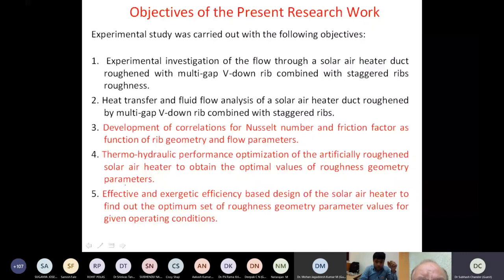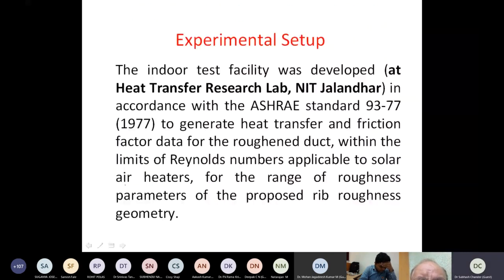Again, we are all aware that the design of the setup should be as per standards. There are heat exchanger or solar air heater standards available in the ASHRAE standards, so we followed that, and ultimately we designed our setup.